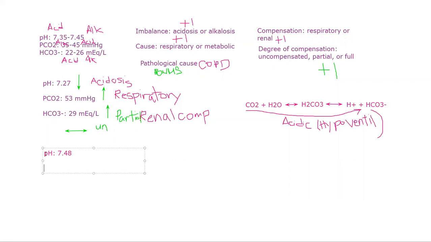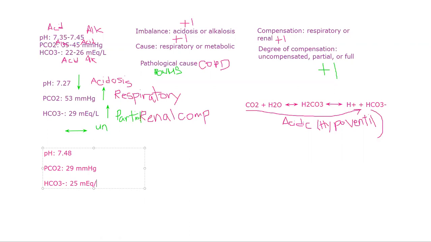The PCO2 is 29 millimeters of mercury, and the bicarb HCO3 minus is 25 mil equivalents per liter.